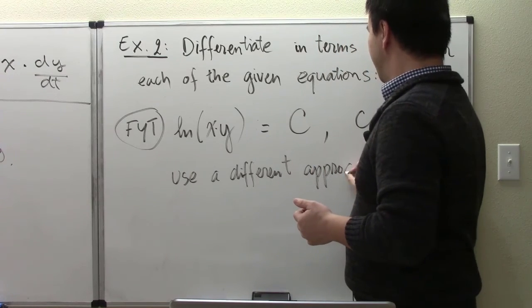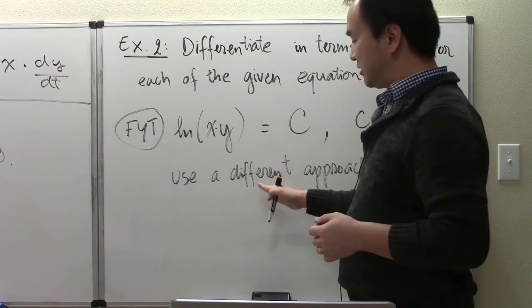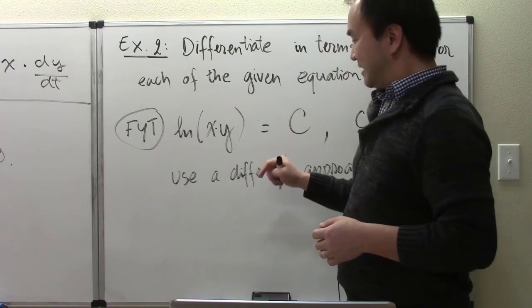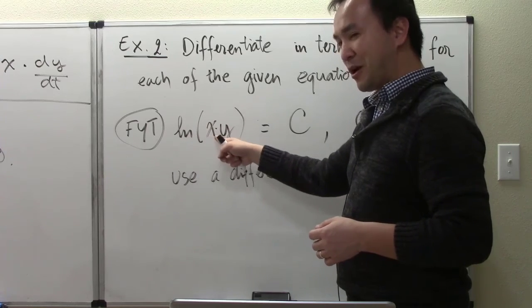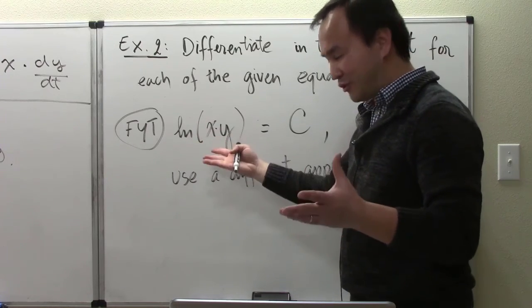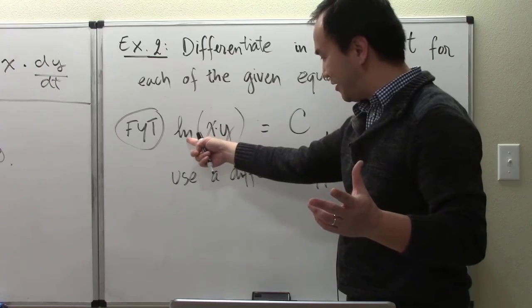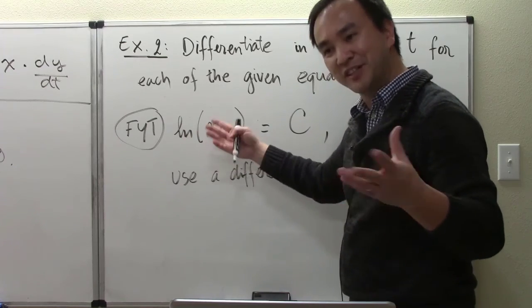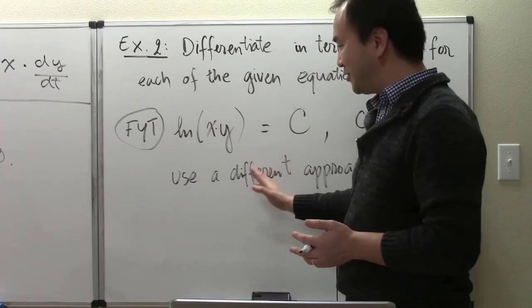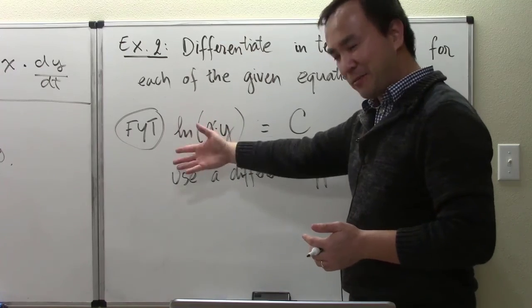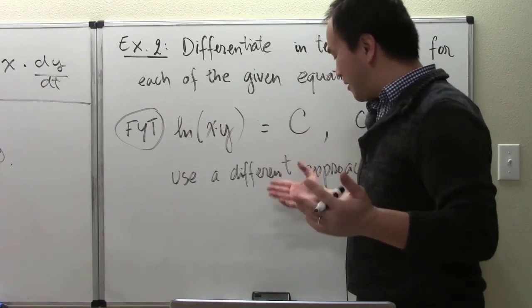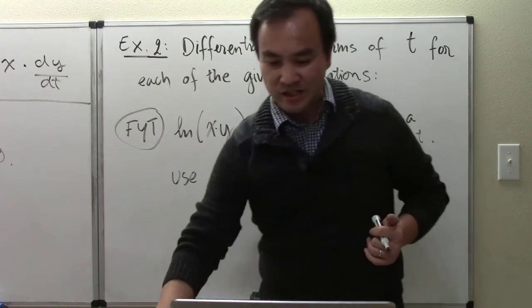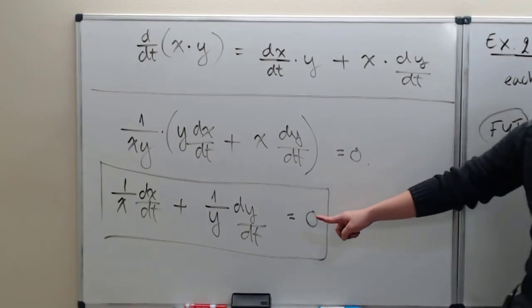I can give you a little hint because you notice that it's a logarithm of a product. Algebraically we have a property that can handle a logarithm of a product before we take differentiation. So I want you to use that different approach. What I just gave is only a hint, but whatever approach you use, you should end up with the same equation that's relating our two rates right here.